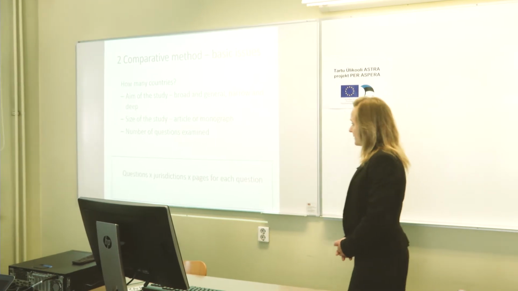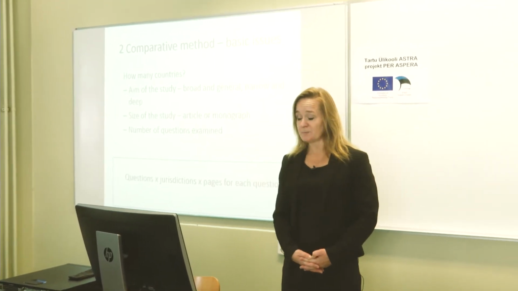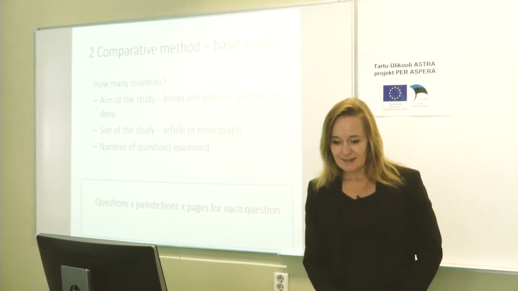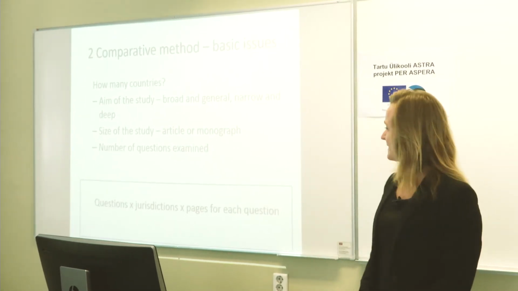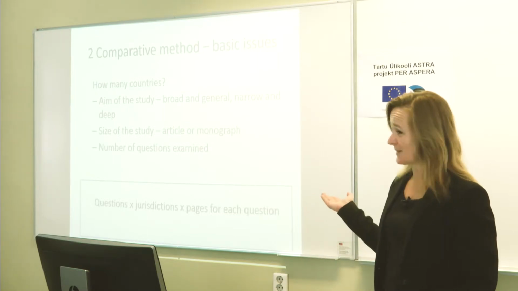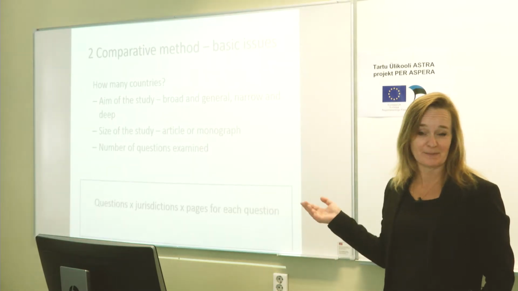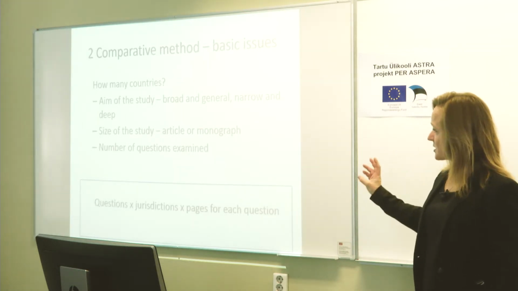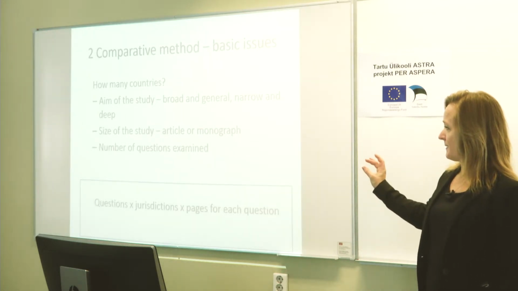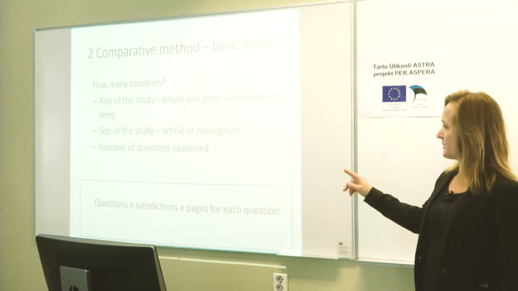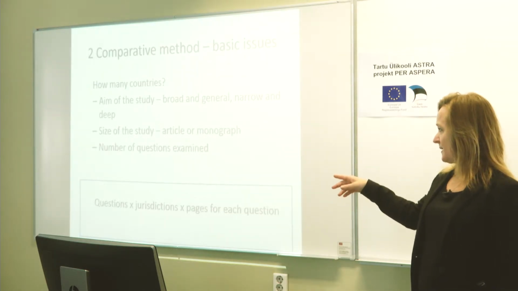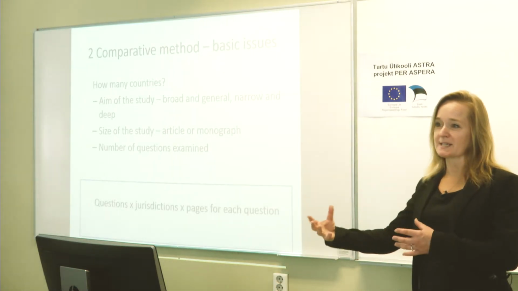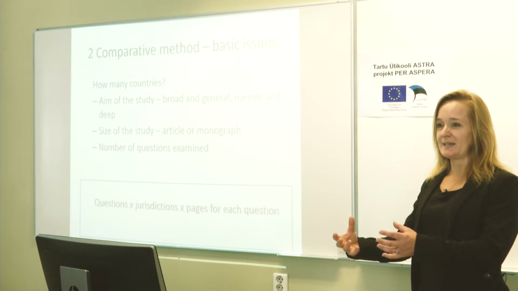I have a colleague in Uppsala, a Swedish professor of law, Bertil Wiman. I remember when I was writing my own PhD, he said that it's always good to make a diagram where you take the questions and the jurisdictions, and then you try to see how many pages you would deal with each issue.